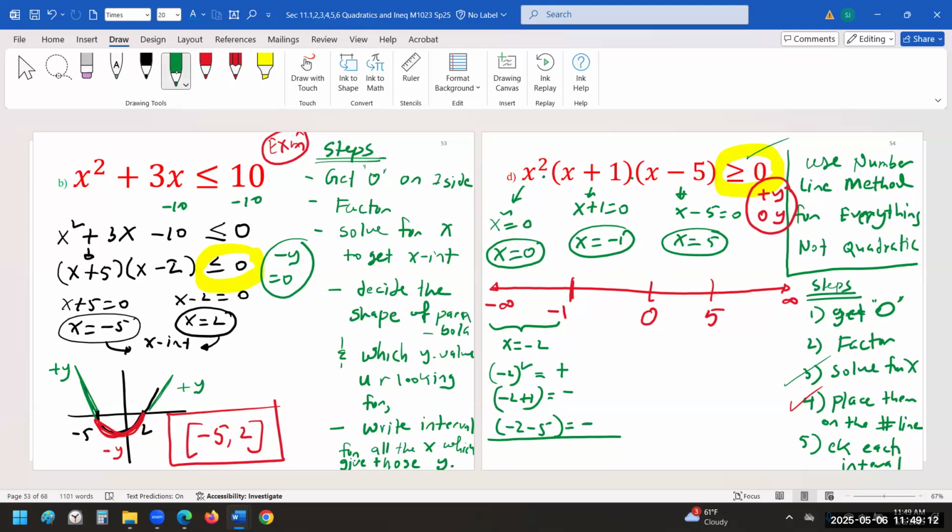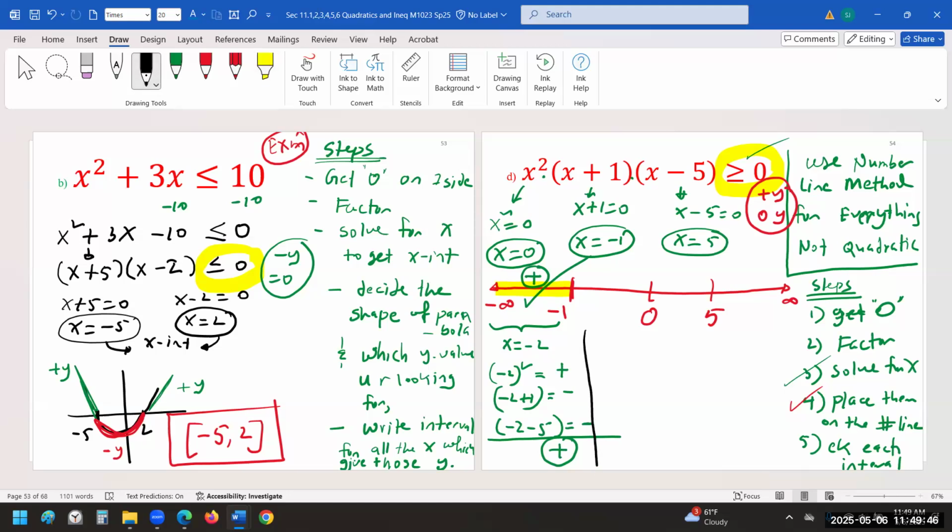If you multiply positive times negative, what's the end result? Negative times negative is positive, and positive times positive is positive. And what are we looking for? Positive. Since this interval gives us positive y, we are going to take that in our solution set. So definitely the first interval goes in the solution set.